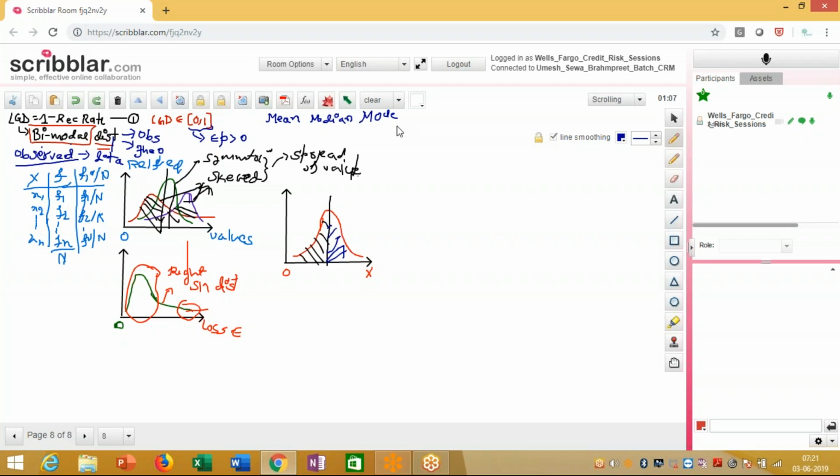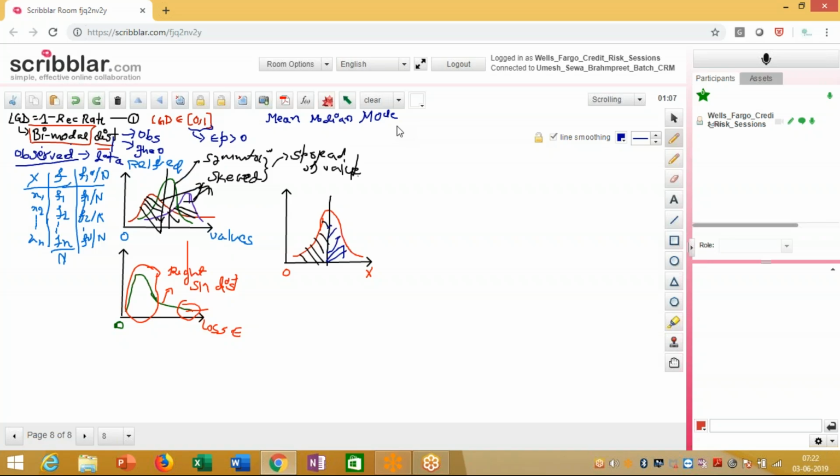So the mean of a distribution is the average value of a distribution. The median of a distribution is the middlemost value, and the mode of a distribution is the value which has the highest frequency of occurrence, right?